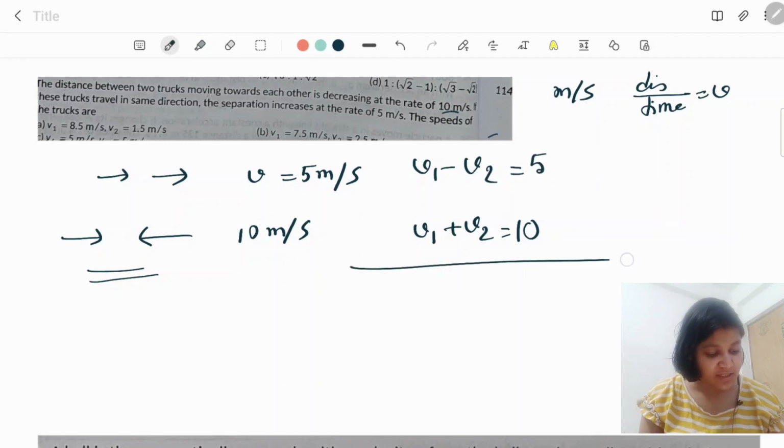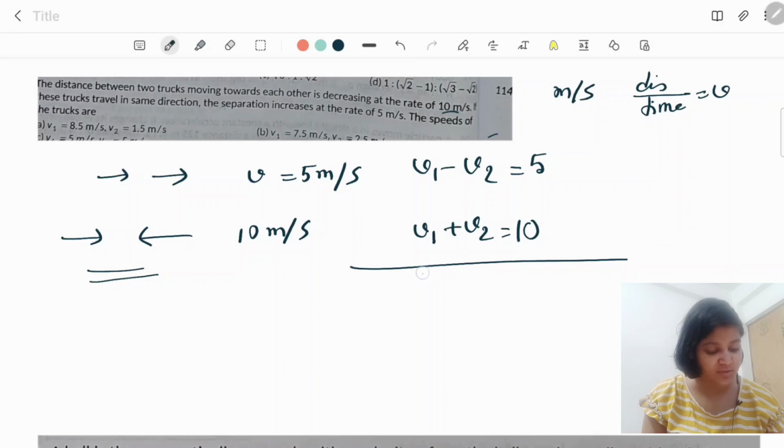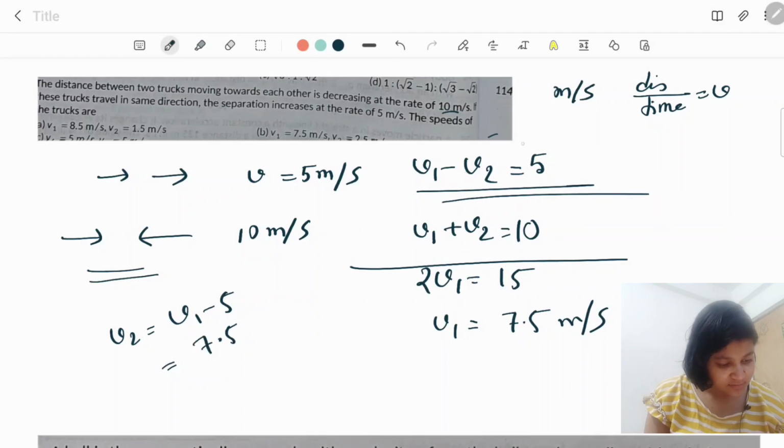So this becomes 5. Now we are left with two equations, and we have to solve for v1 and v2. Simply we are going to add these two equations up. So we get 2v1 is 15, or v1 is equal to 7.5 meter per second. So v2 is going to be v1 minus 5 using this equation, that is 7.5 minus 5, which becomes 2.5 meter per second.